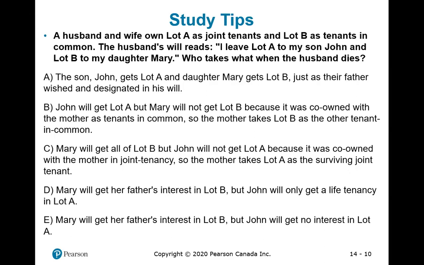Heirs. Only the heirs? What about the wife's part? Remember, it's lot B. Tenants in common. Wife and husband. Husband passes away. The wife owns their part. Only the husband's part will go to the heirs.